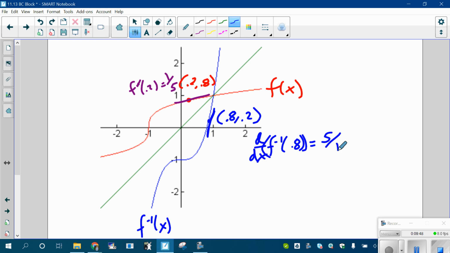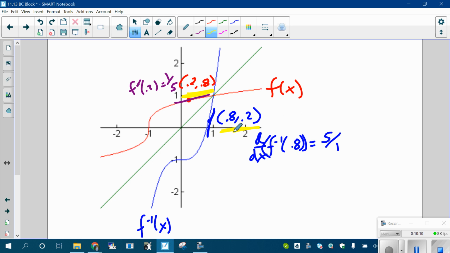Okay, so the idea is the derivative of the inverse is the reciprocal of the derivative of the original. I'll say that again. The derivative of the inverse is the reciprocal of the derivative of the original at the buddy point. I cannot emphasize that enough. At the buddy point. These two points are not the same points.